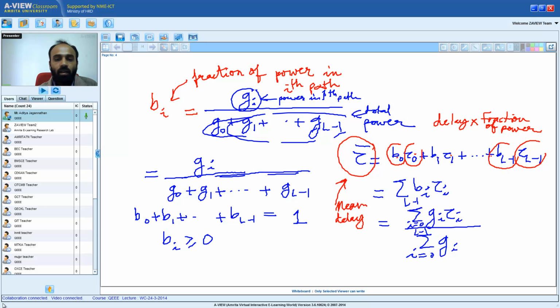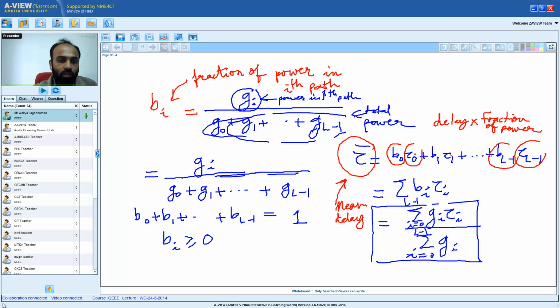Basically tau bar equals summation Gi tau i by summation Gi. Is this clear to everyone? Everyone able to understand this? This tau bar is the mean delay.